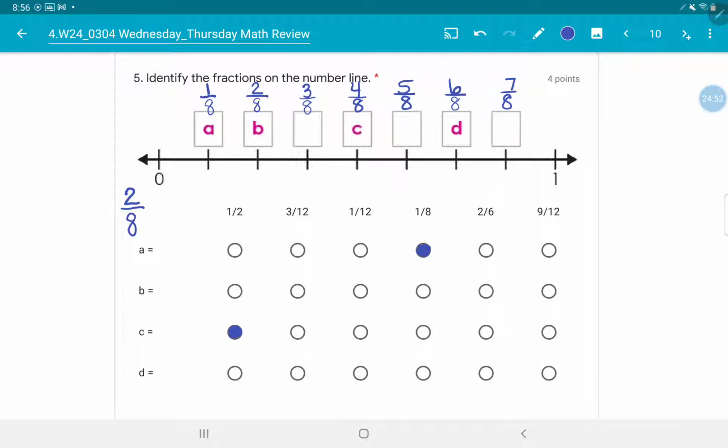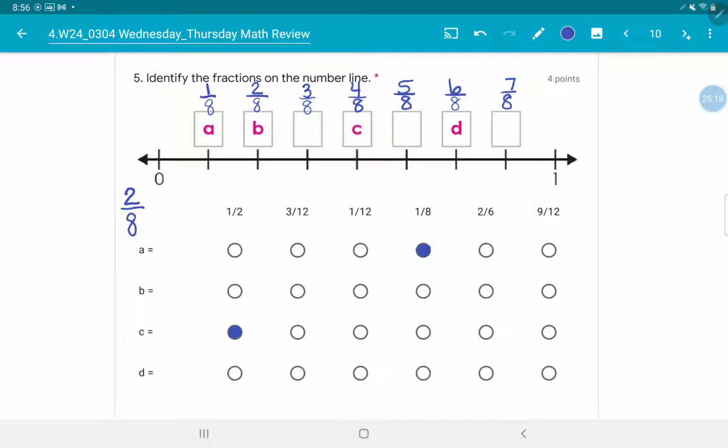I know it's not 1/8, so let's try 12ths. Can I go from 8ths straight to 12ths? Is there anything I can multiply or divide 8 by to get 12? There's not any whole numbers, are there?